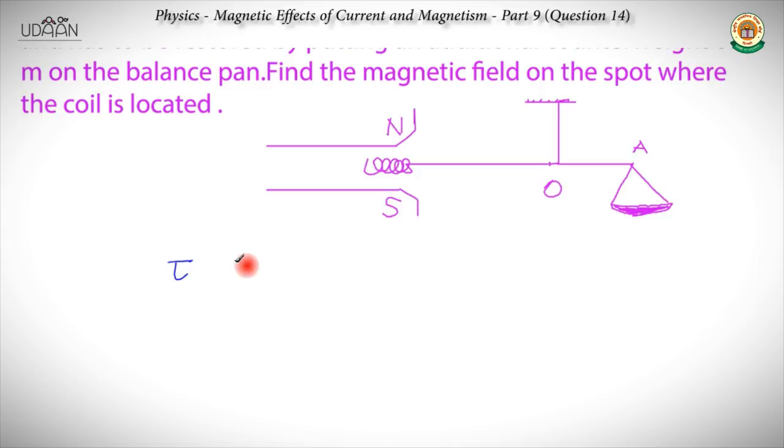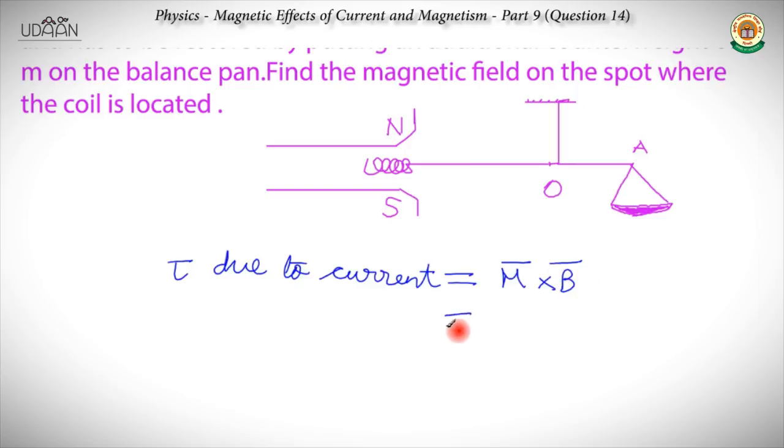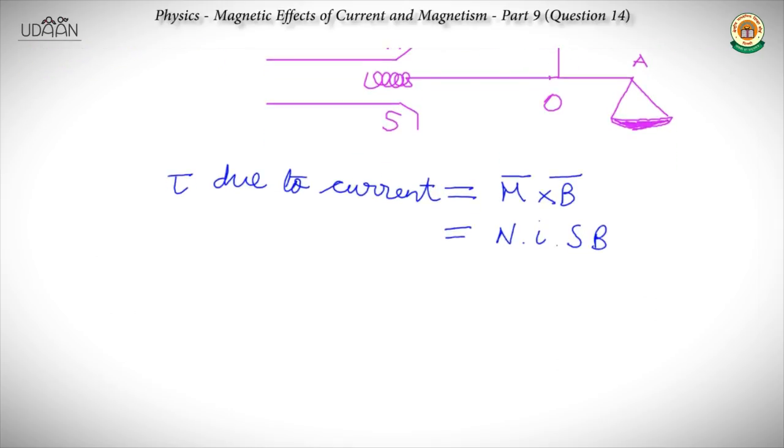So torque due to the current is equal to M vector cross B vector, which equals N, the number of coils, into I into the surface area S into B. This is the torque due to the current.